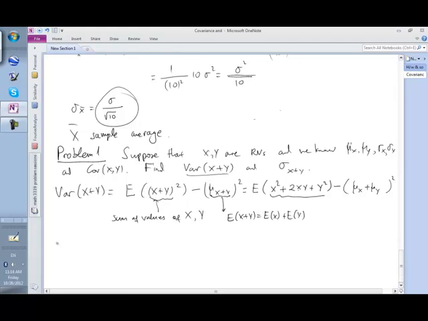Now let's continue. The expected value of a sum of three random variables is going to be the sum of their expected values. Here I have numbers, the expected value of x and the expected value of y, squared. So this is nothing else but a plus b squared.